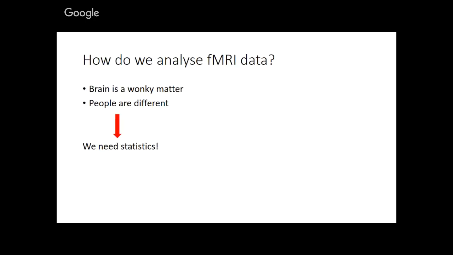People are different, so they perform the tasks they are given in different ways. Sometimes they may develop a new method of performing the task midway through the testing or something like that. So to really gain some insights into how the brain works, we need a lot of statistics. We should gather a lot of information and analyze it somehow.